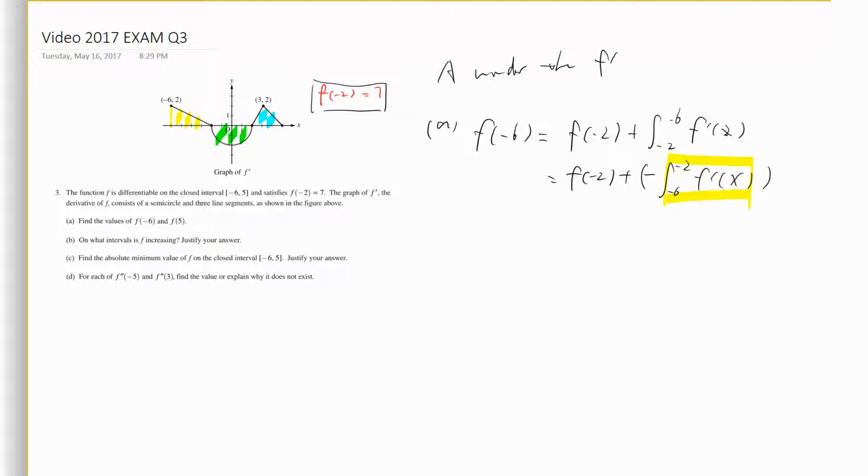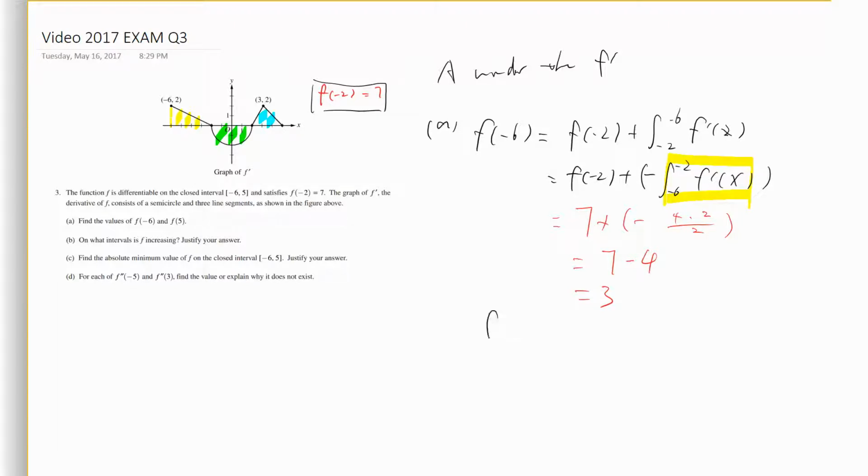So f of -2 is 7, minus the area of the triangle, which is base times height divided by 2, so 4 times 2 divided by 2. That gives us 7 minus 4, which is 3. So that's f of -6.